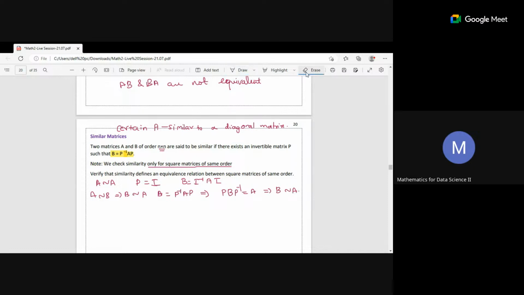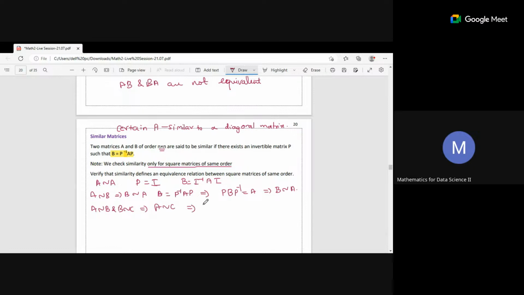B is similar to A. Now, A similar to B and B similar to C should imply A similar to C. How is that?